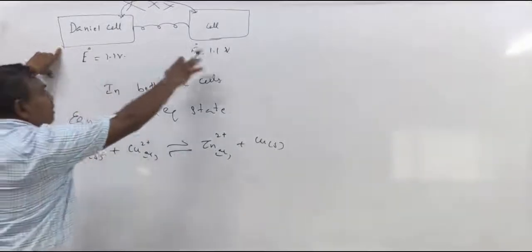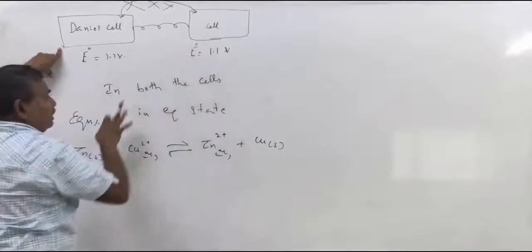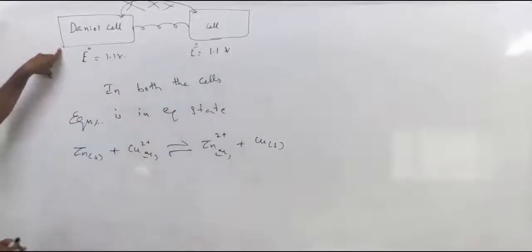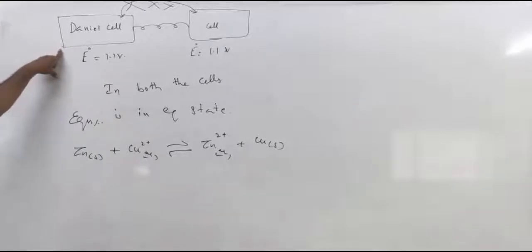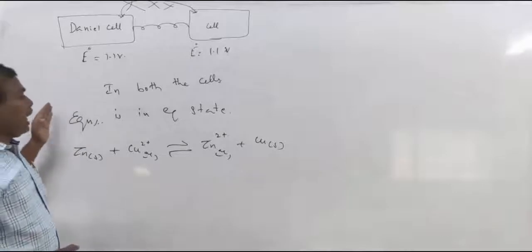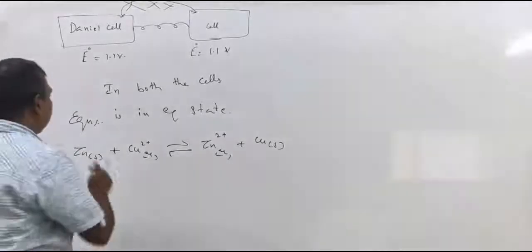Not only in this cell, in the other cell also the reaction will be in equilibrium state. Clear? There is no flow of current between the two cells, and in both the cells the reaction is in equilibrium state.